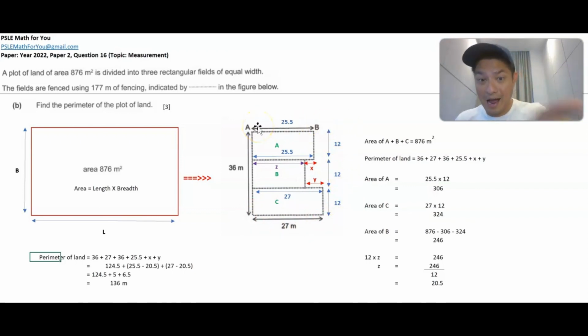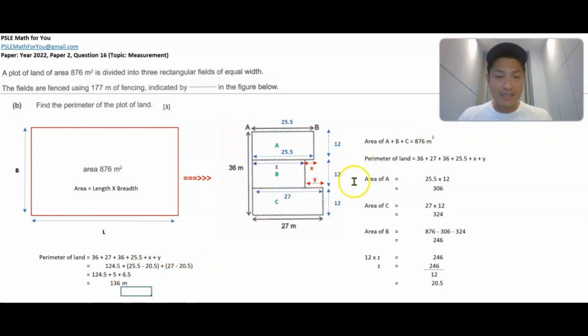That covers the outside of the three rectangles, but there are these small x and y. x would be 25.5 minus 20.5, which is z, the length z, and y would be the whole length 27 here, minus 25.5, the length of the smaller rectangle. All in all, that adds up to 136 meters.